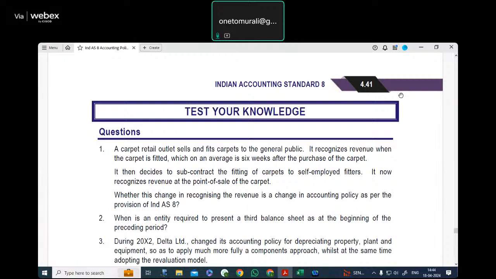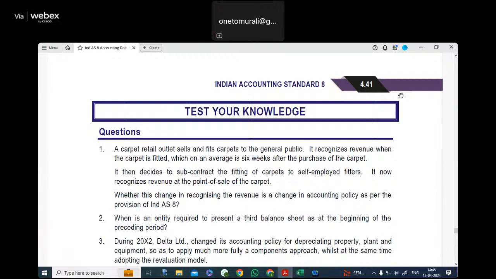It recognizes revenue when the carpet is fitted, which on an average is 6 weeks after the purchase of the carpet. It then decides to subcontract the fitting of carpets to self-employed fitters. It now recognizes revenue at the point of sale of the carpet. Whether this change in recognizing the revenue is a change in accounting policy as per provision under Ind AS 8.